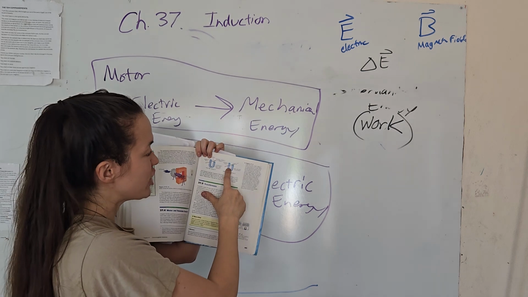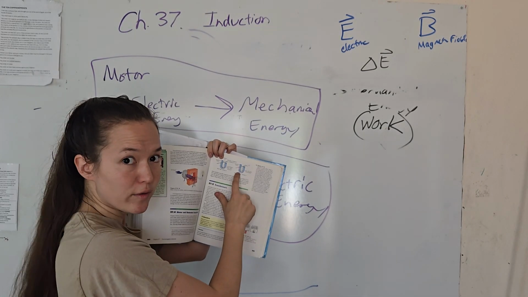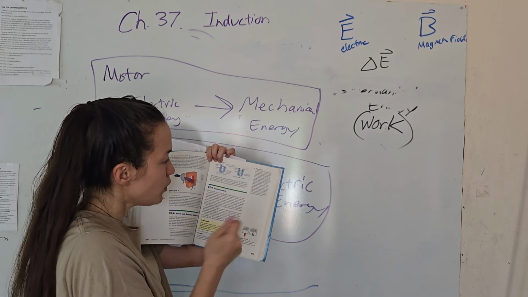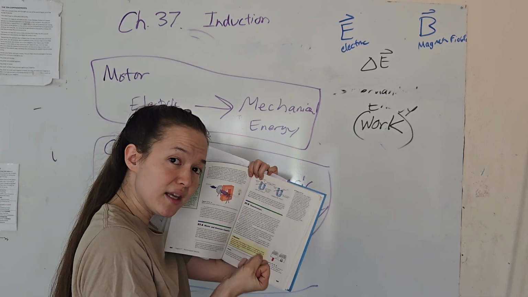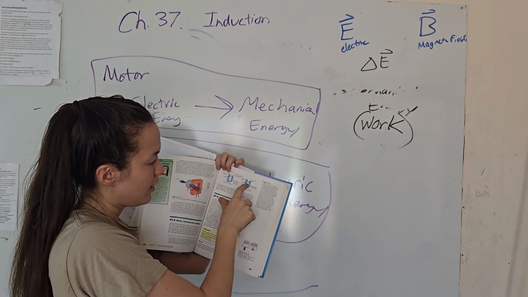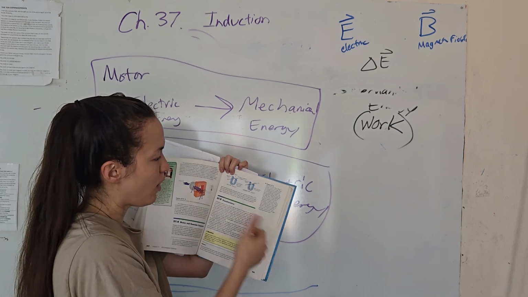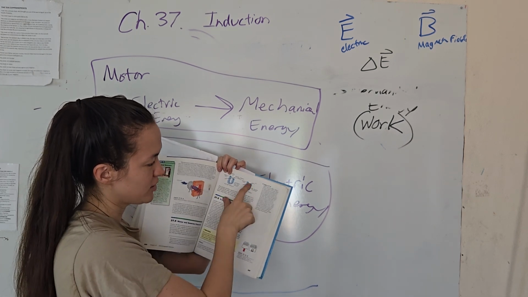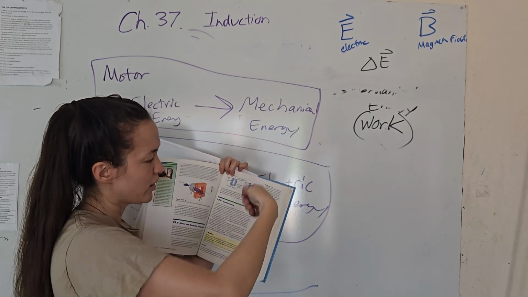And then he calls it the generator effect when you do the opposite, when there's no current going through that little wire, but he starts to move that wire, wiggling it back and forth. And now you've got moving charges, because there are charges in the wire that are moving. So you have moving charges in the presence of a magnetic field, and then you've got a force, but it's in a different direction, because here the moving charges are the current, and here the moving charges are from wiggling it back and forth.